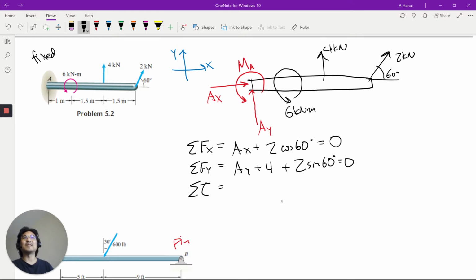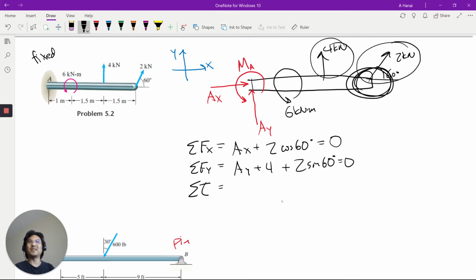Okay, and then let's sum torque about anywhere you want. For example, if you sum torque about here, this force doesn't contribute any torque, only this one and this one. If you sum torque about here, this force doesn't contribute any torque.